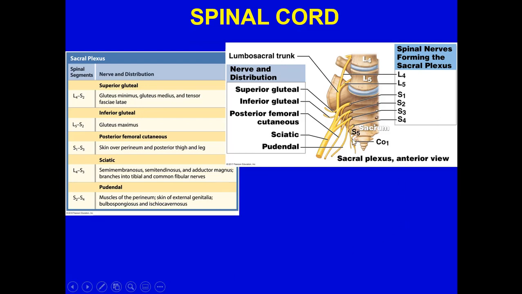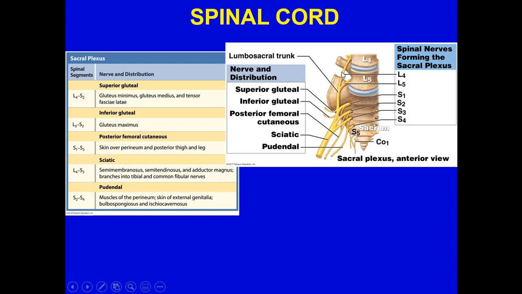So as you can see here, look at the huge, thick area of the sciatic. You have the pudendal coming down here. Notice that you've got all of this coming in from the lumbosacral trunk, S1, 2, 3, and 4. Notice the coccyx doesn't really play a role here.